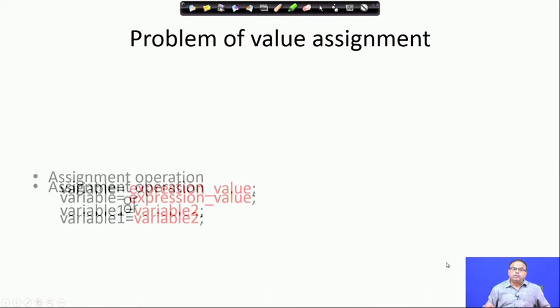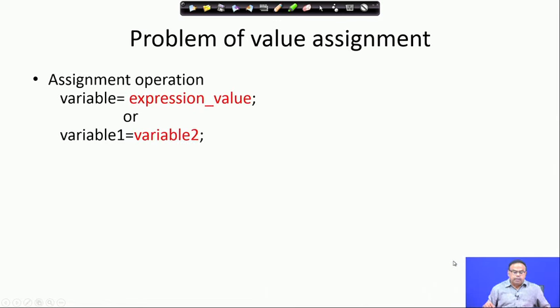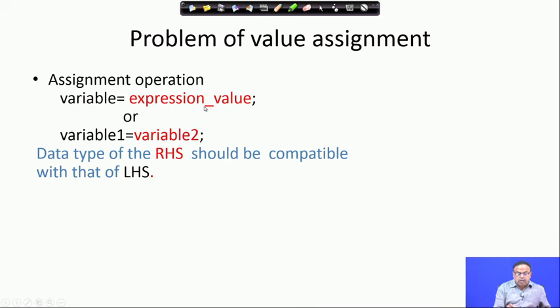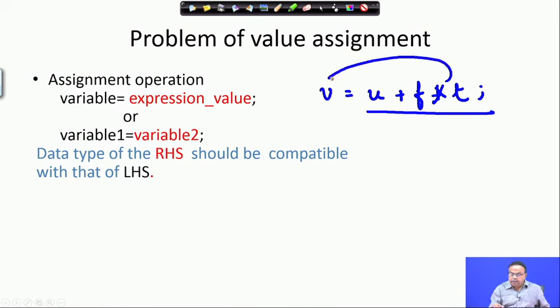Now, there are some problems for value assignment. For example, in assignment operation, we actually take the expression value and assign it to a variable, or we assign a particular variable to another variable. For example, as we have done, say v is u plus f times t. This expression is first computed and the value will go to v.